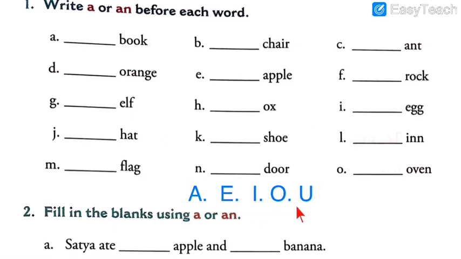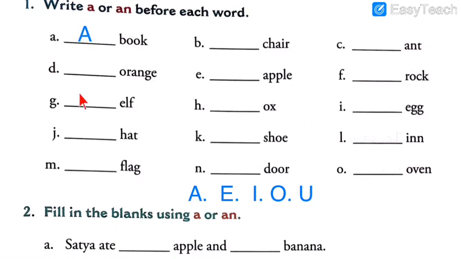Can you see B in the list? No. So if it is not a vowel, it is a consonant. And if it is a consonant, what do we have to write? A, not an. An we use with a vowel. But the word book starts with B, which is a consonant. So we will put a.